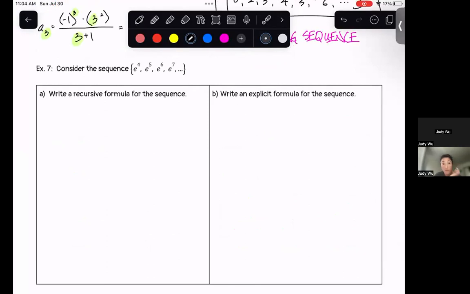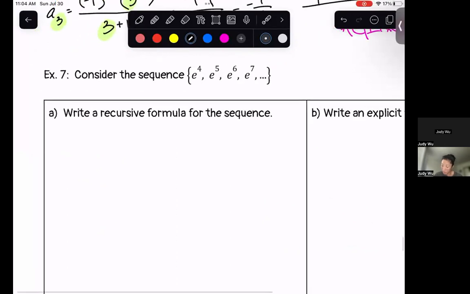Consider the sequence. So this time I'm giving us a sequence and I want us to write the formula. So we're going back to the ideas from example 1. We want to make sure we know how to write the formula. Okay. All right. So recursive formula, I think, is usually the easiest one to start with because I just have to start with my first term.